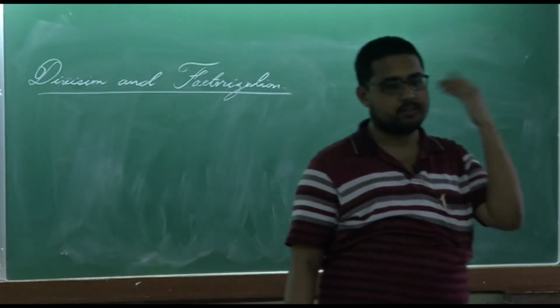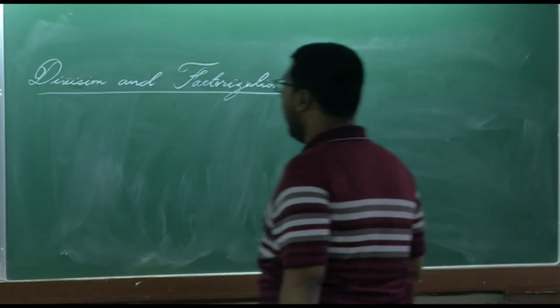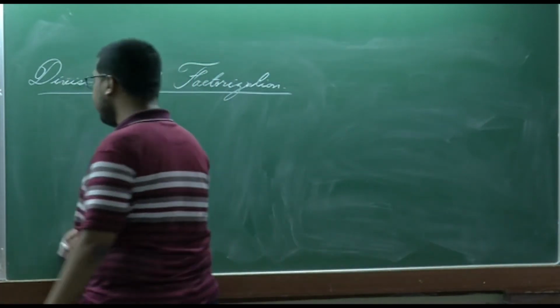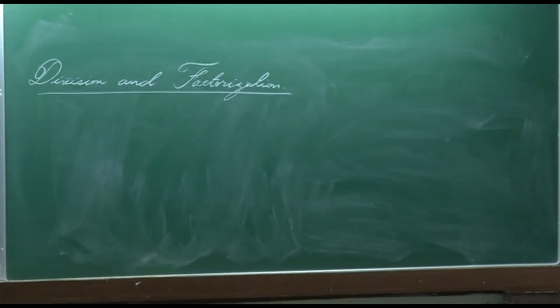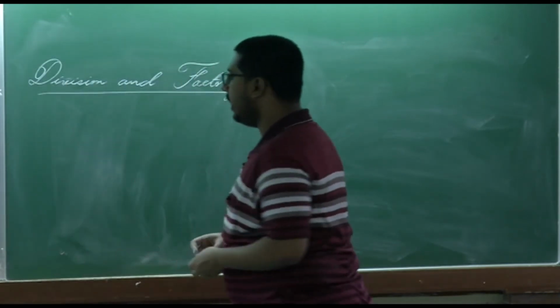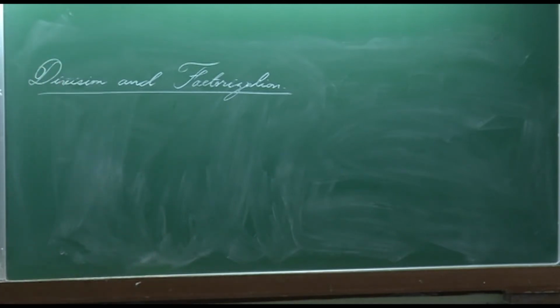So, we first review those basic properties of integers, and then we will formulate and establish those facts in the more general setting. So, let me first do that. I will start this discussion by reviewing the basic properties of integers.